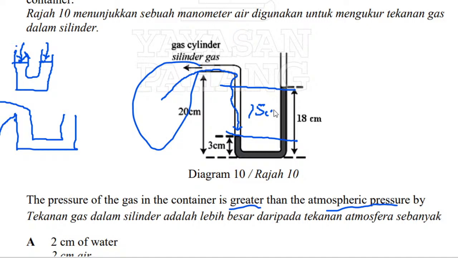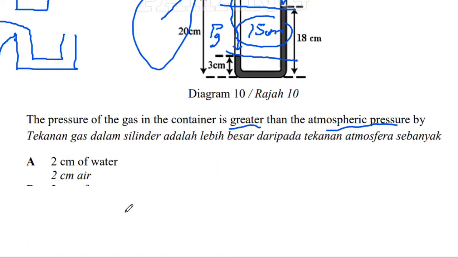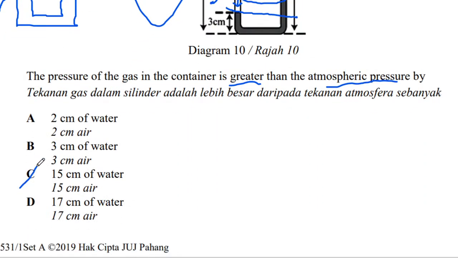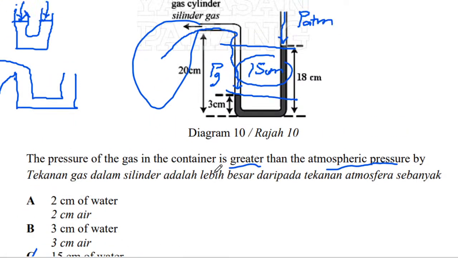This side is still open, so here is the atmospheric pressure, P atm, and here is P gas. Since you see that this one is lower, it means that P gas is bigger compared to P atm by this difference, 15 cm more. So the answer is C. Okay?